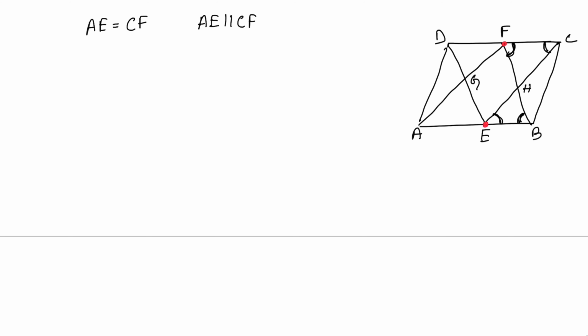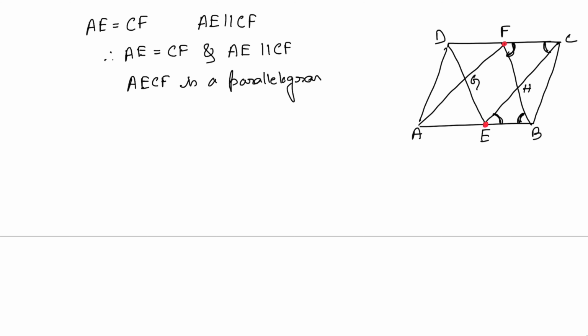Okay, AE parallel to CF, it's given that. So you can write down here AE equal to CF and AE parallel to CF. Okay, that means here AECF is a parallelogram.